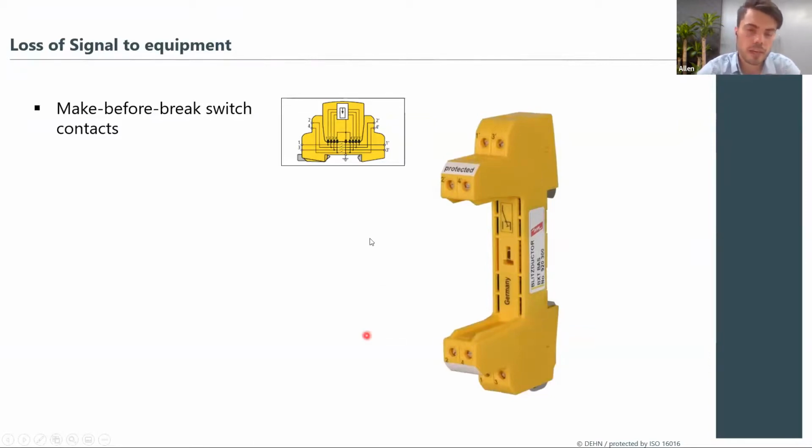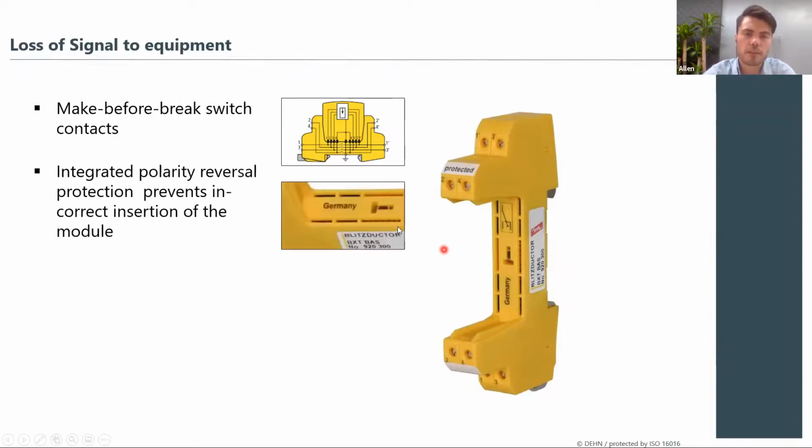They like it in these applications because if there's no surge protection device installed, the line is not subjected to any transient conditions. But in cases where the signal should continue if the module has been removed, the normally closed base is installed.